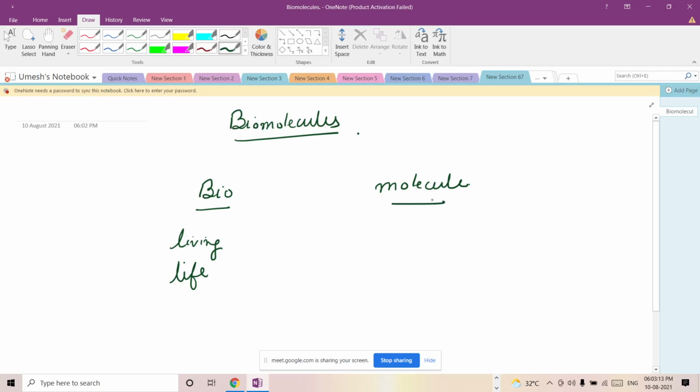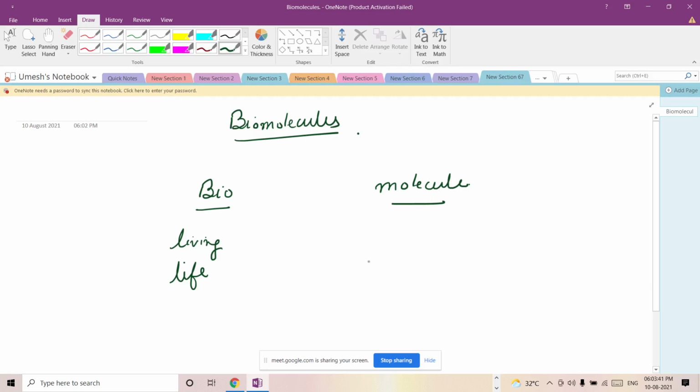And molecule we know, chemistry. Those molecules which are responsible for growth, maintenance, survival, and reproduction of any organism are called biomolecules.